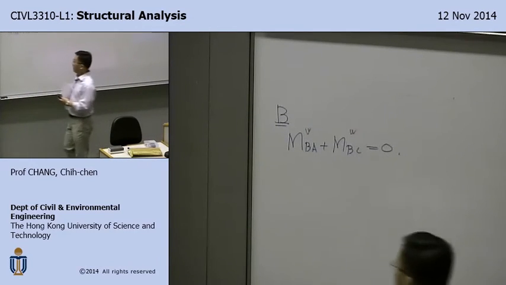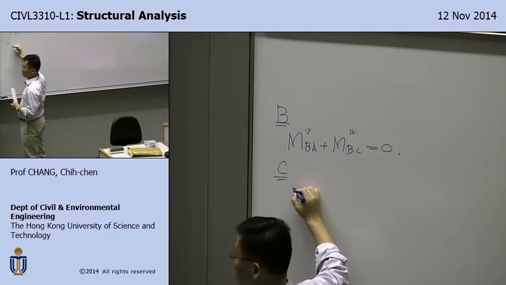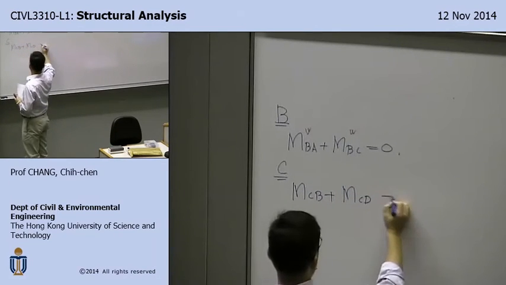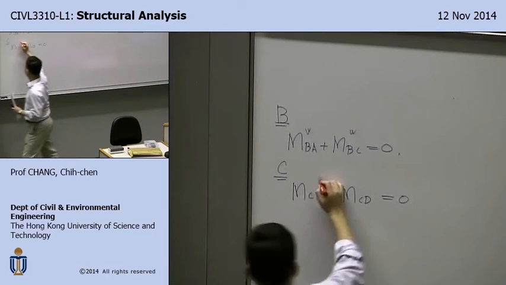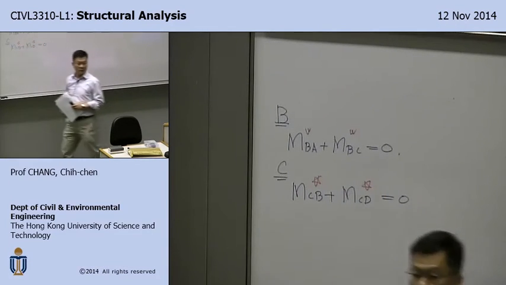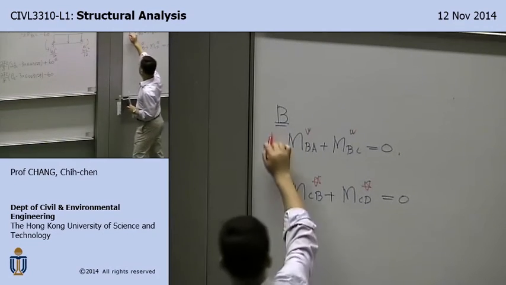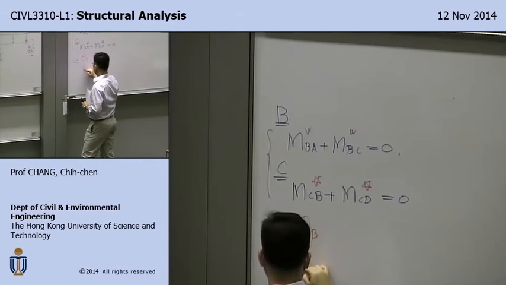And then you go to joint C. The joint equilibrium is MCB plus MCD equal to 0. So you come to this and this and put it here. So there are only two unknowns, theta B and theta C. Simultaneous equations, perfect. You get theta B, theta C.